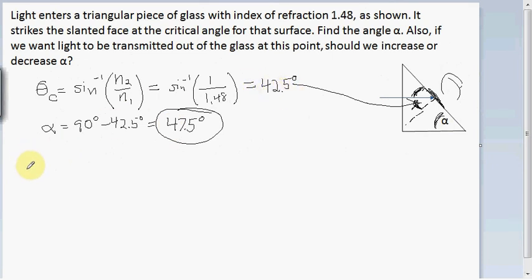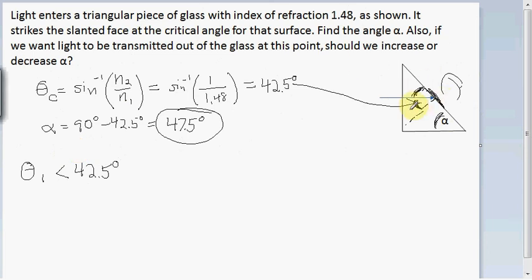If we want light to get out, then we want theta 1 to be less than 42.5 degrees. In other words, light will escape if the angle of incidence is less than the critical angle. If the angle of incidence is at the critical angle or greater, that's when we get total internal reflection.